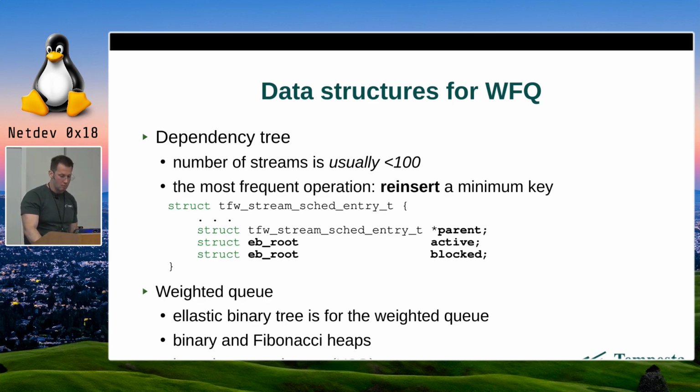So we formulated the requirements for the data structure of our scheduler. We realized that most of the time we never schedule more than 100 streams, even for very sophisticated pages. A single dependency tree level doesn't work with a lot of streams. So typically we schedule a very small number of streams.